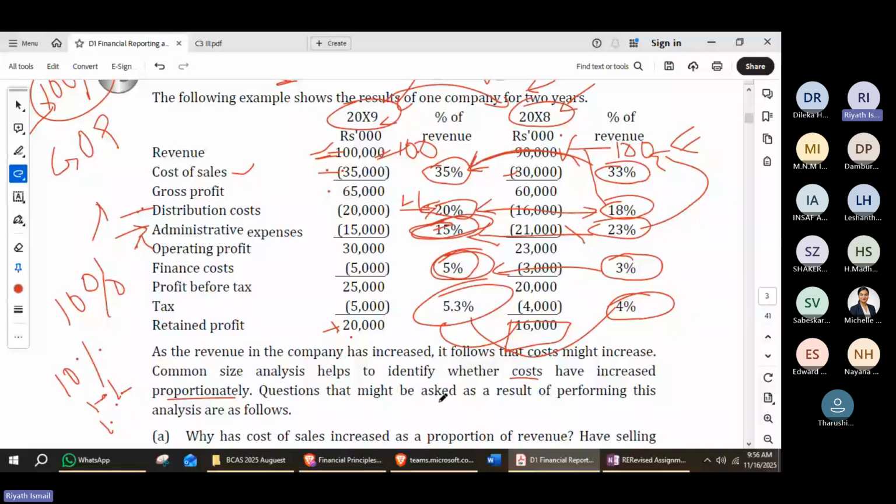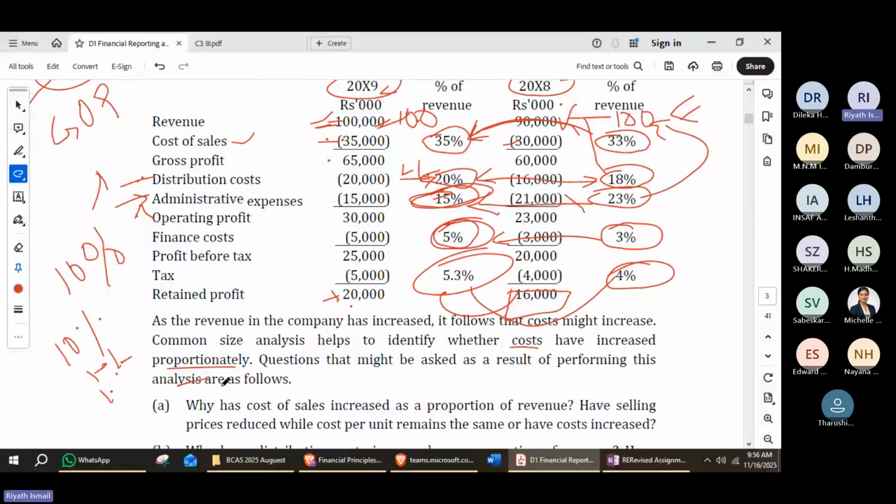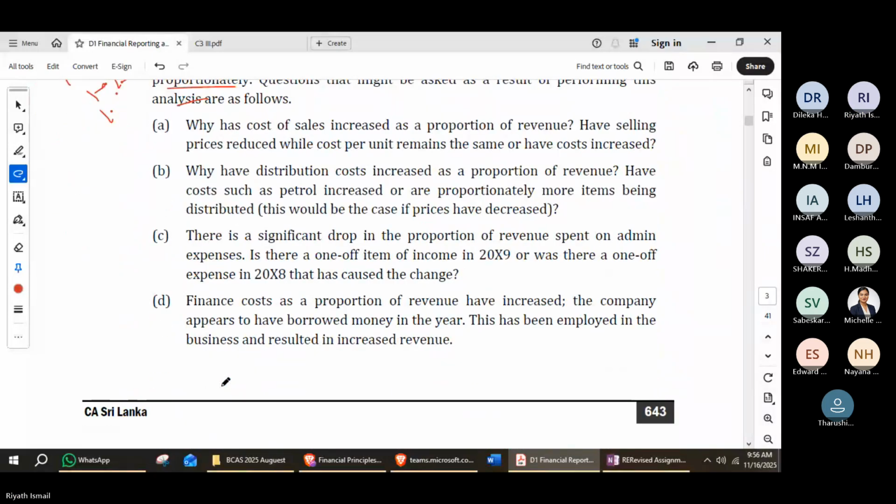Questions that might be asked as a result of performing this analysis: what analysis should we do? Why has cost of sales increased as a proportion of revenue? Has the selling price reduced while cost per unit remained the same, or did cost also increase?